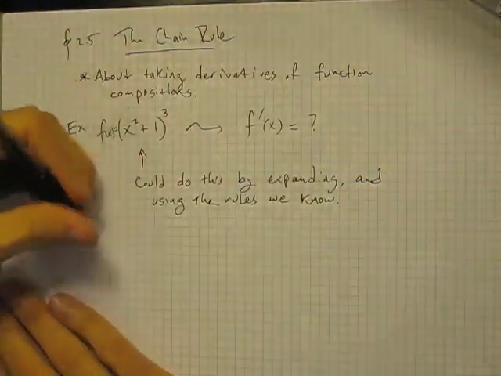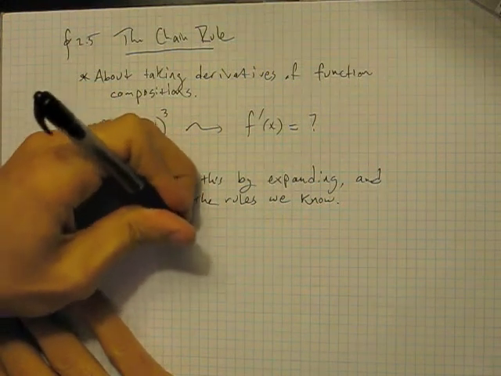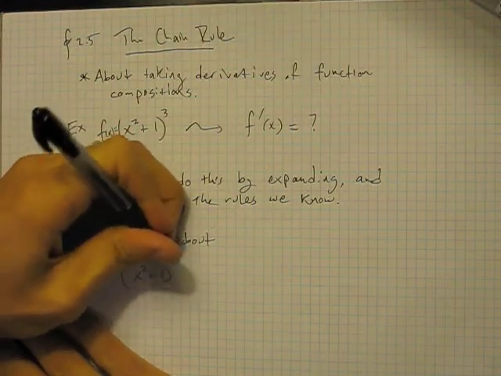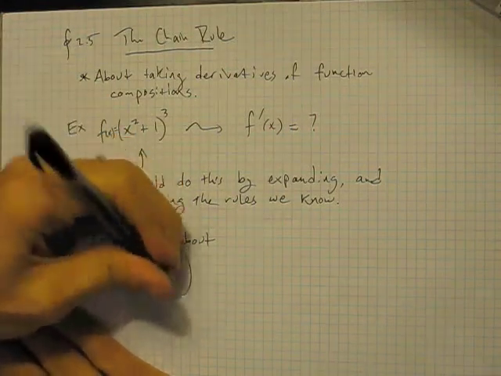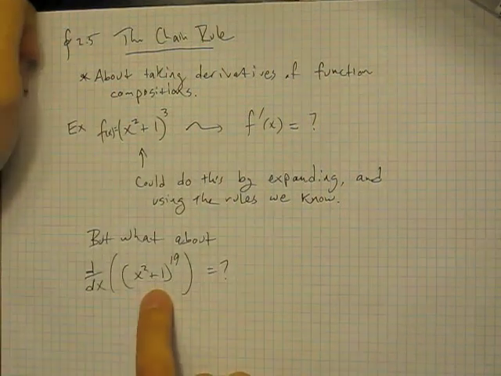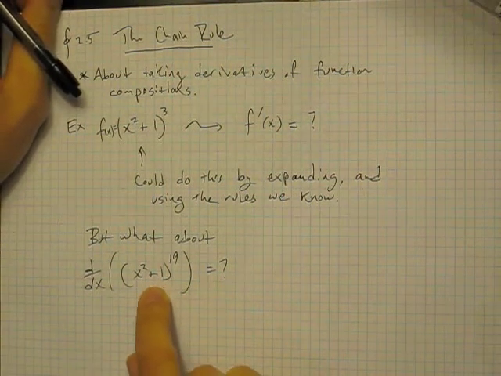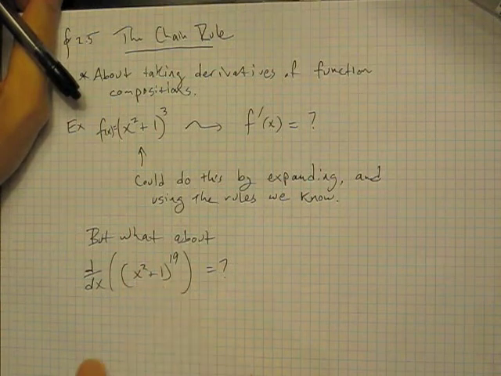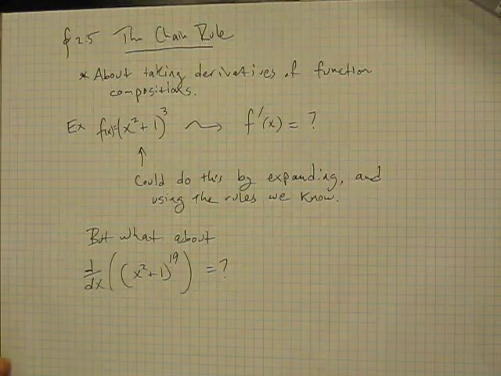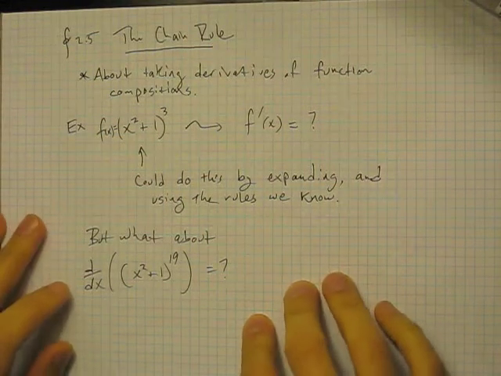But what about something like x squared plus 1 to the 19th power? How would you take the derivative of something like this? I don't want you or anyone, certainly not me, to multiply x squared plus 1 times itself 19 times to get some big polynomial and then use the power rules that you know. That would be ridiculous. So we need another way to do this.